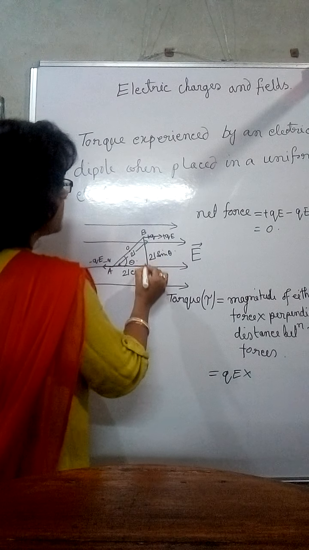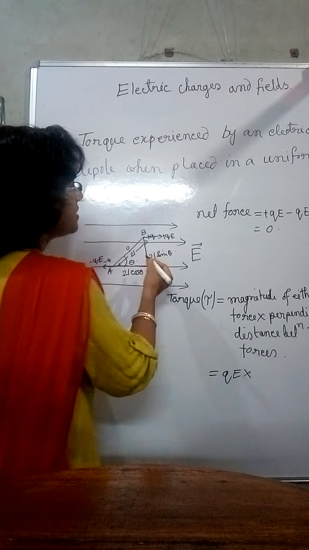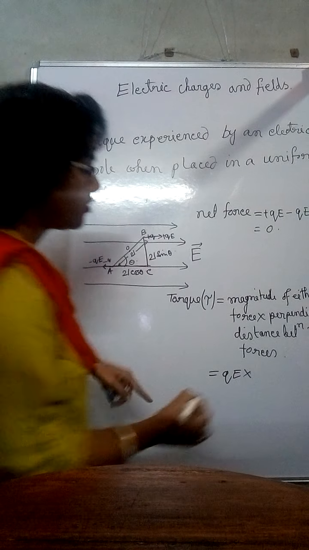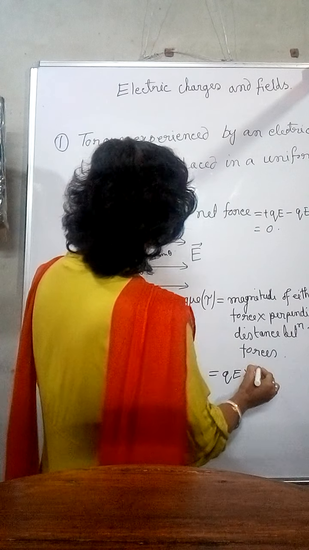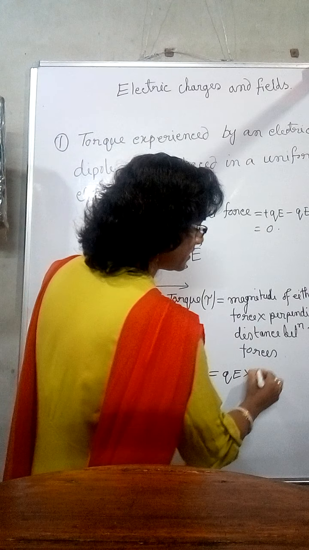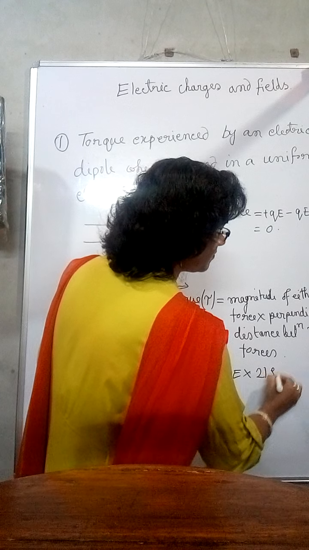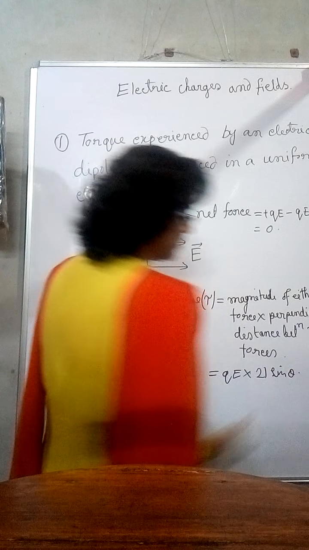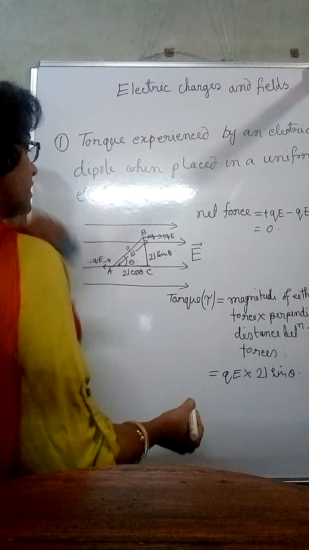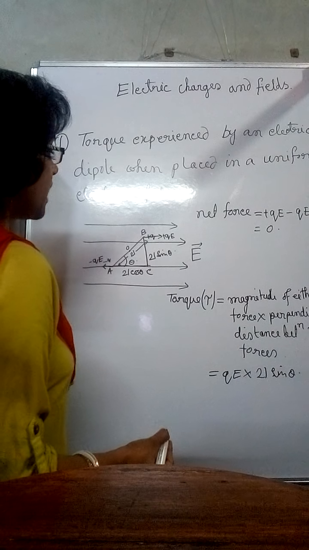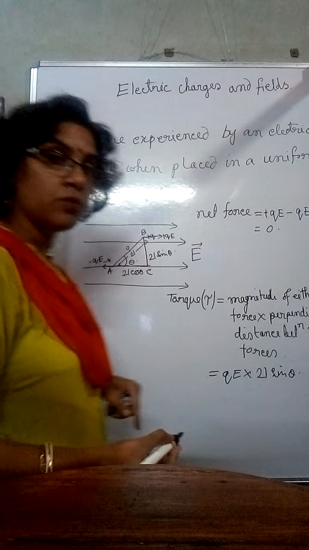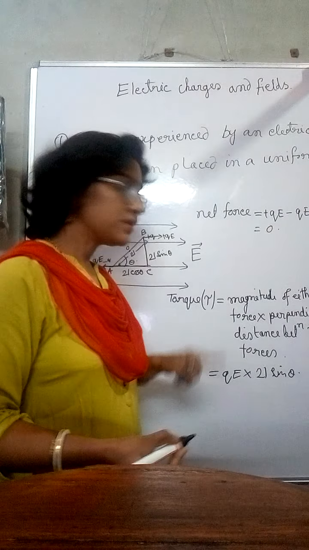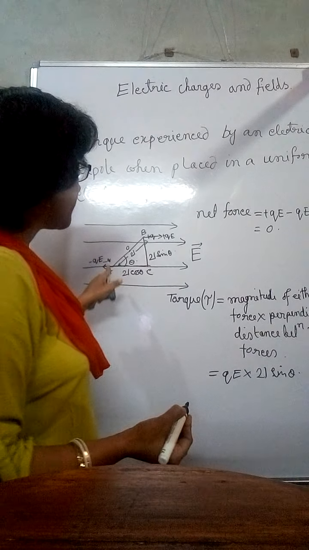So the perpendicular distance is BC. BC is the perpendicular distance, so there will be QE times BC, that is 2L sin theta.